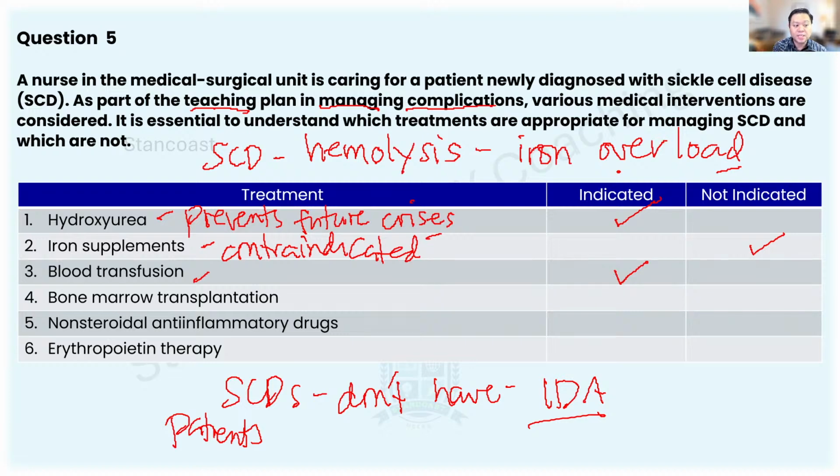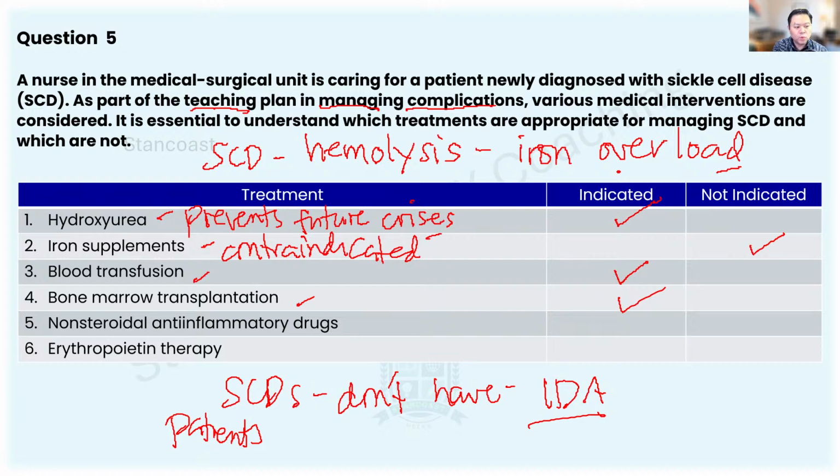And so we're gonna include the bone marrow transplantation as a possible treatment. But like I said earlier, it is quite limited because of the risks involved and also the difficulty in finding a good match. But it's still indicated in this patient because we are asking about general medical interventions here.